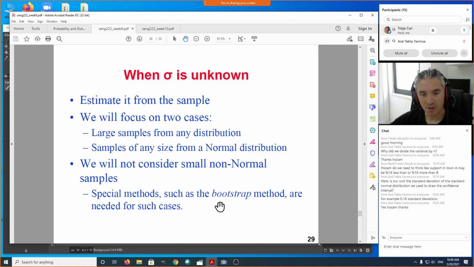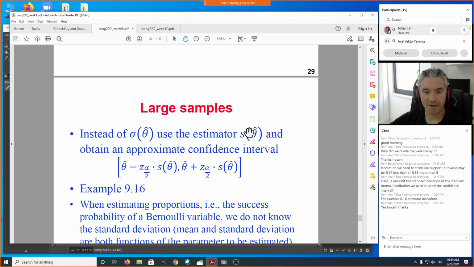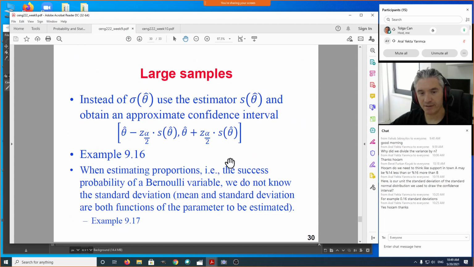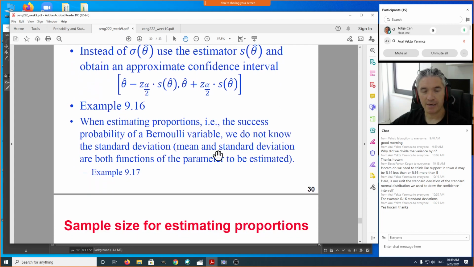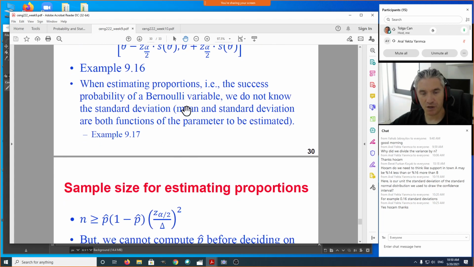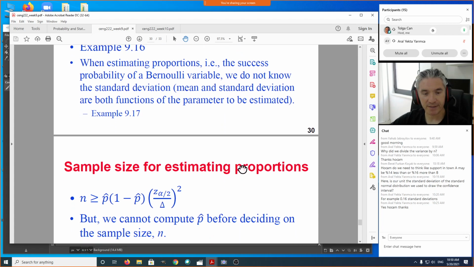So we are not going to be discussing these bootstrapping methods, but there are techniques that exist for small non-normal samples. Now, we have seen large samples where we simply replace the standard error using the sample standard deviation. And when we estimate proportions, again, we use the sample variance to find the population variance.